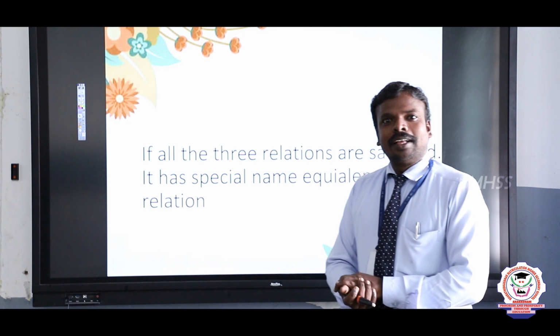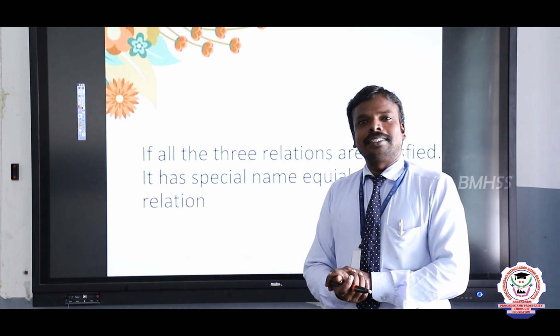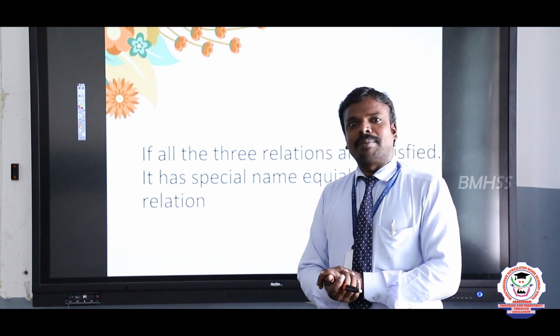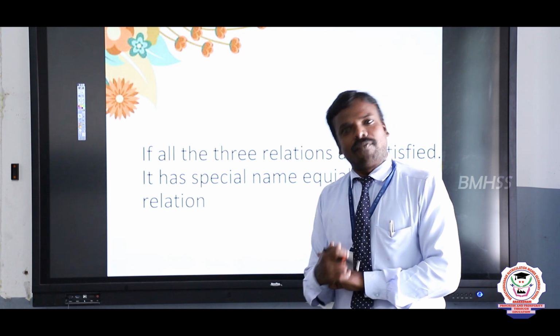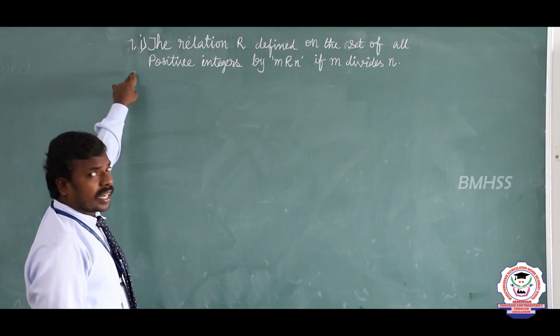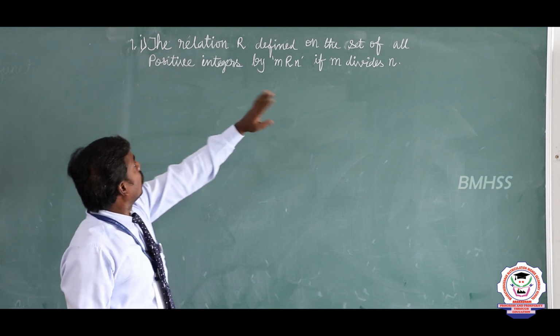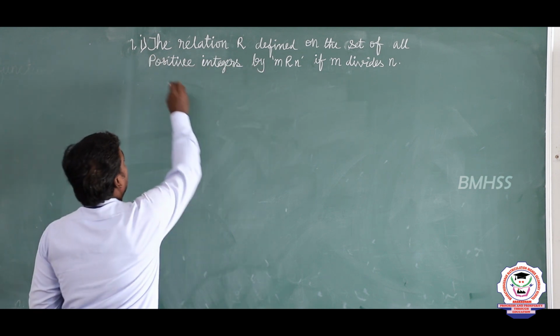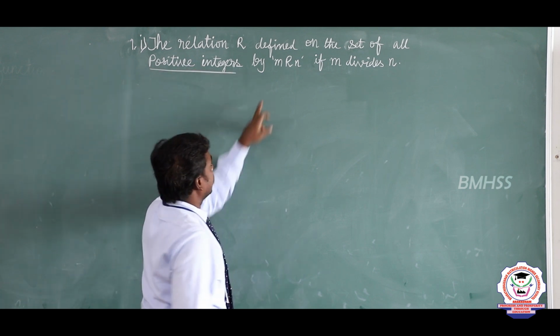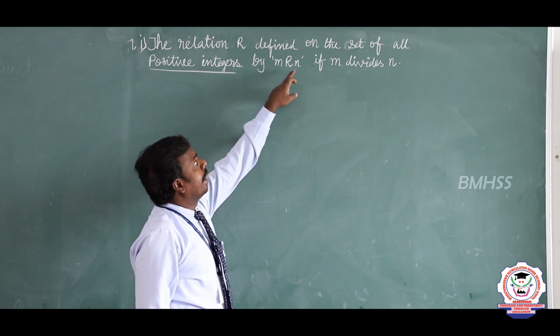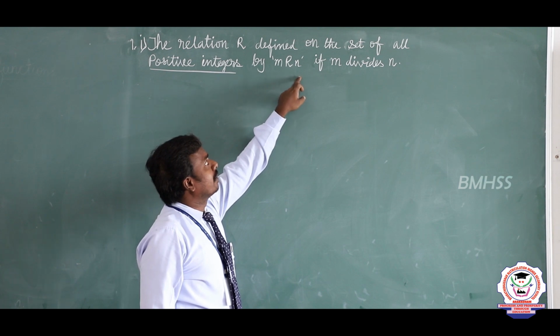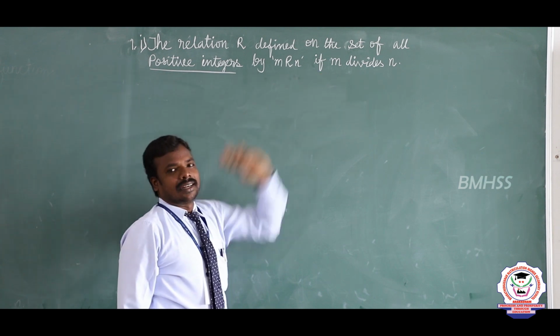Now we are going to start the exercise sums, that is exercise number 1.2, question number 1. Question number 1, first subdivision. The relation R defined on the set of all positive integers by m related to n if m divides n.